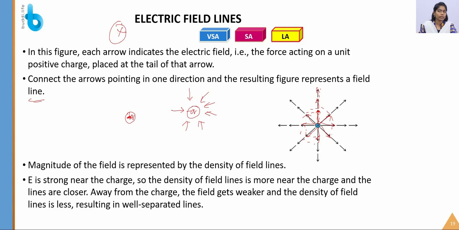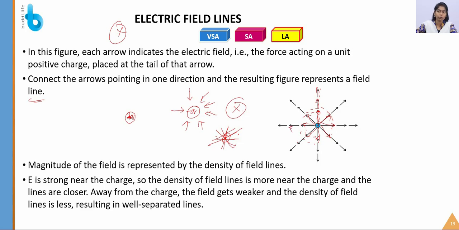The magnitude of the field is represented by the density of the field lines, not by the number of lines present. This is a very important point that should be noted. If you have many lines, it is not said to have a strong electric field.